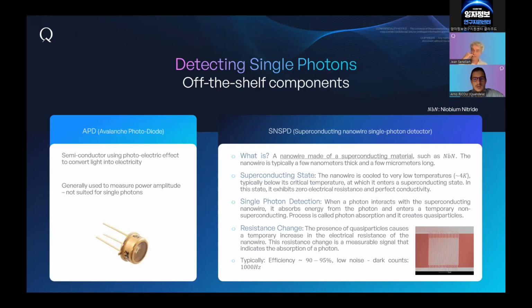The efficiency of this one is up to 95%, and we have a low dark count of 1,000 Hertz. A dark count is when we think we detected a single photon, but there was none. So it happens at a frequency of 1,000 Hertz. It seems like a lot, but if you compare it to the frequency with which single photons arrive, it's really, really tiny.